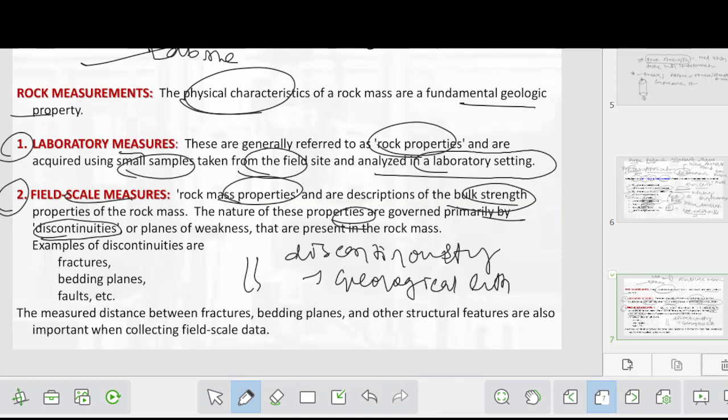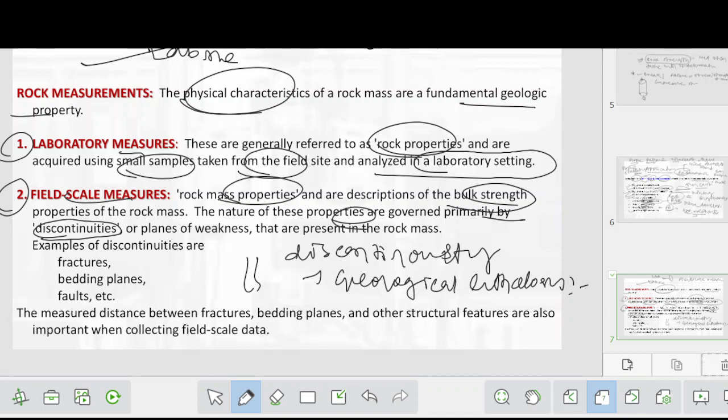Geological lithology. What is a discontinuity, can anyone tell? What do you mean by discontinuity, what do you understand? Sorry, actually my health is not that good today. What is a discontinuity?